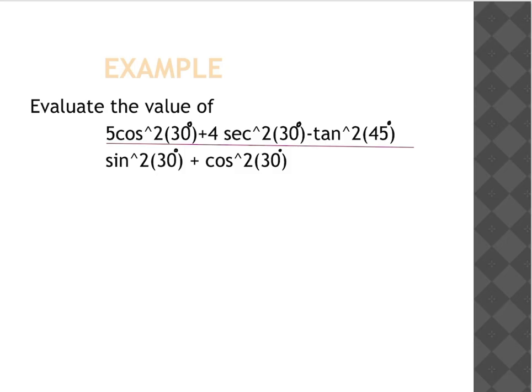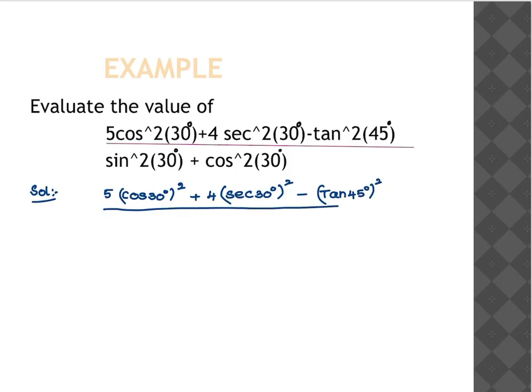To find this value, we must remember the values. 5 into cos 30 degrees whole square, as I already gave you the hint, plus 4 into secant 30 whole square, minus tan 45 degrees whole square, upon sine 30 degrees whole square plus cos 30 degrees whole square.